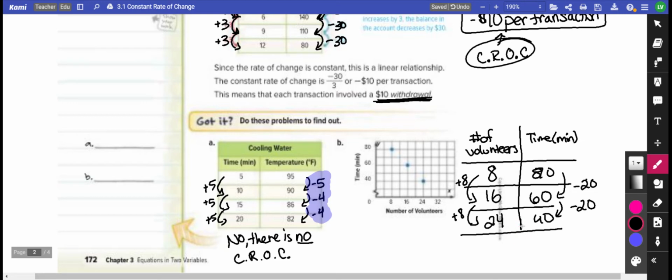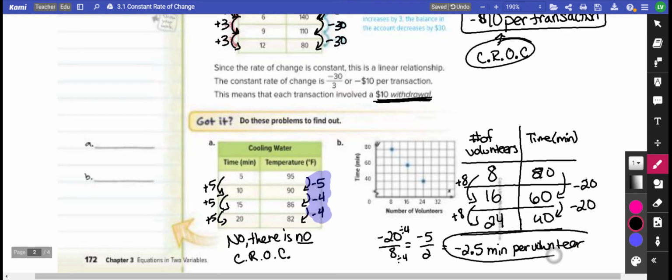So this means that it is negative 20 divided by 8, which could be simplified down, if you divide both the numerator and denominator by 4, to negative 5 divided by 2, which is negative 2.5. That means that it is negative 2.5 minutes per volunteer. So this is your constant rate of change.